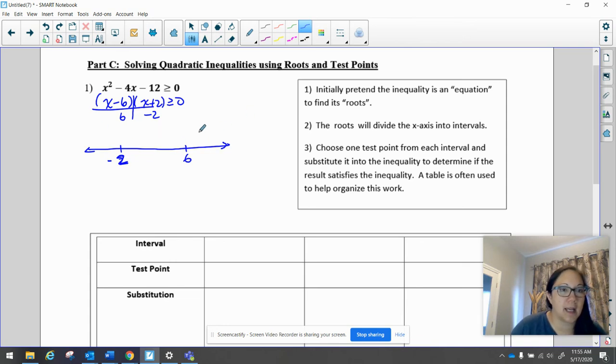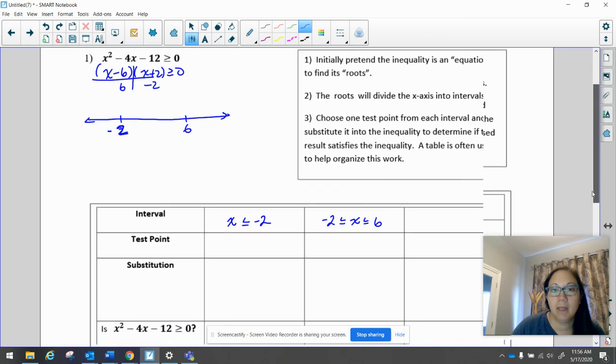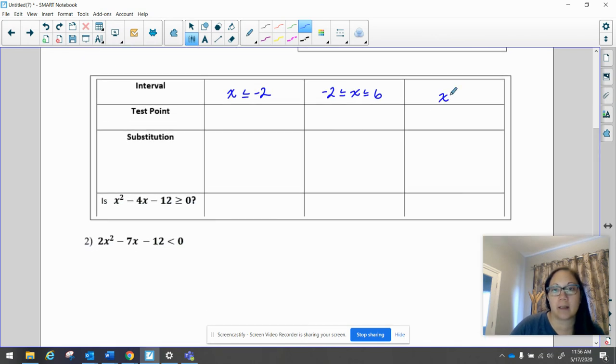So we've got 3 sections of our number line. We've got x being less than or equal to -2. And the reason I'm putting the equal bar underneath is because it was part of my question. So when it's part of my question, I'm going to include it in my intervals. If it wasn't there, I wouldn't put it here either. Then I've got my zone from -2 to 6. And then I've got my zone where we're greater than 6.